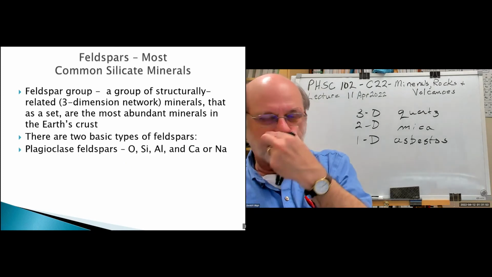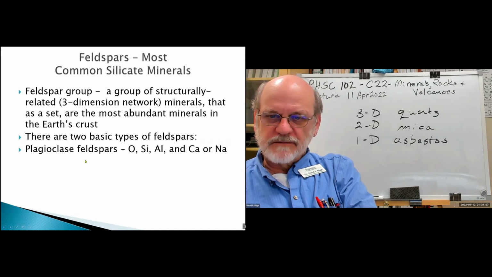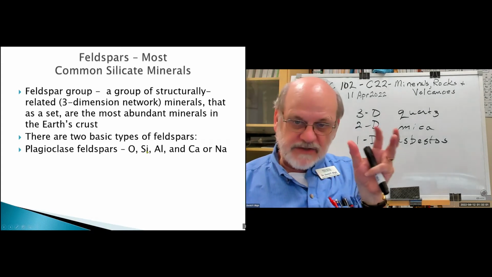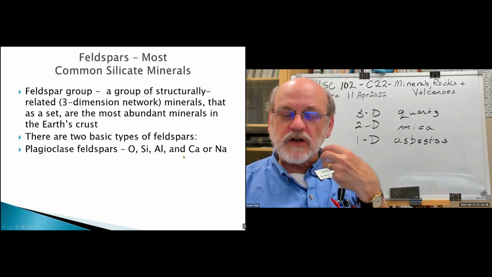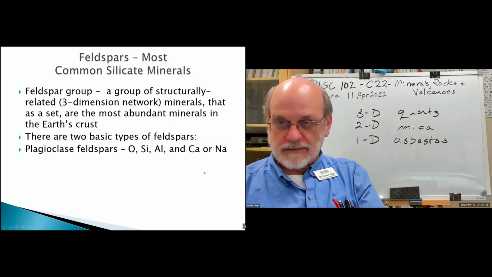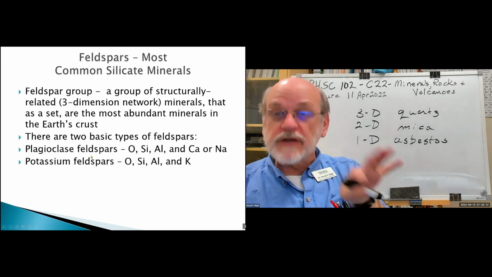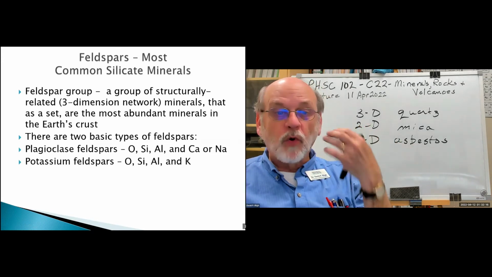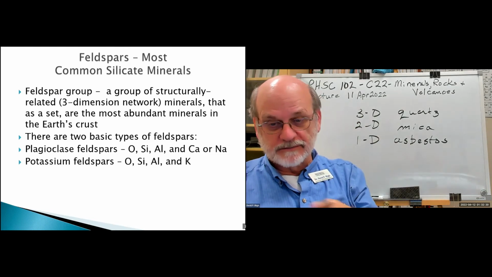Two basic types, the plagioclase feldspars. So they have oxygen and silicon, obviously. They also have aluminum, and then they also have inclusions of calcium and sodium. And there's a host of different feldspars, put it that way. Right? There's not just one plagioclase feldspar.